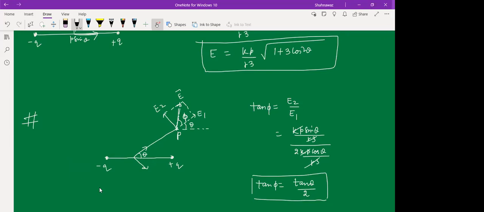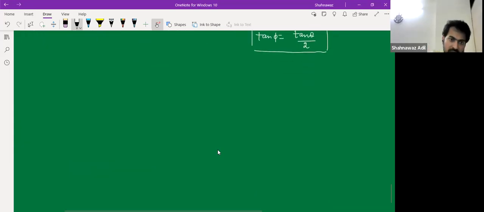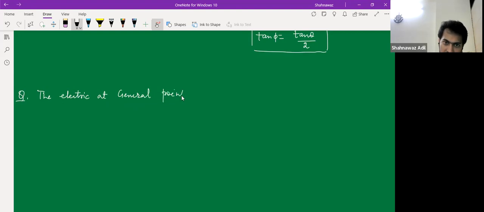Yes, sir. Okay. So now let us do some problems. There is one question which says that the electric field at a general point is perpendicular to the dipole moment.